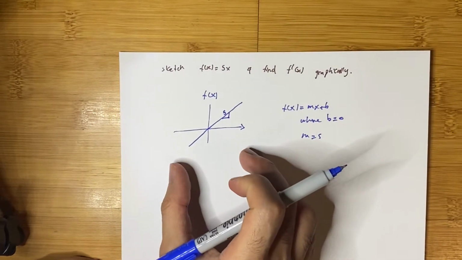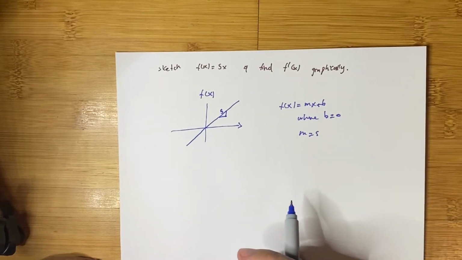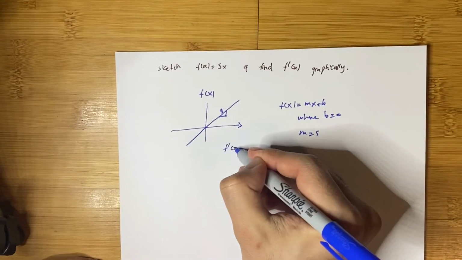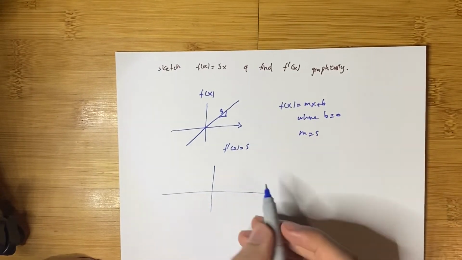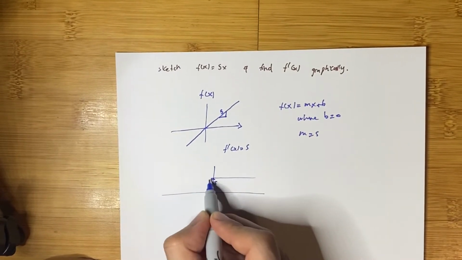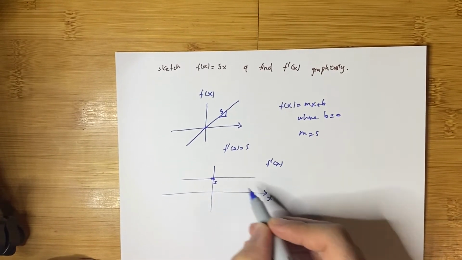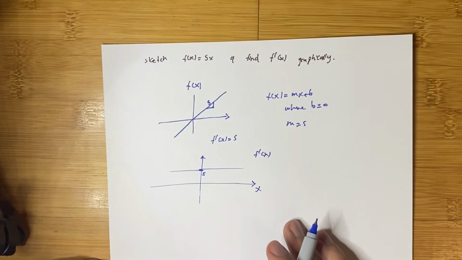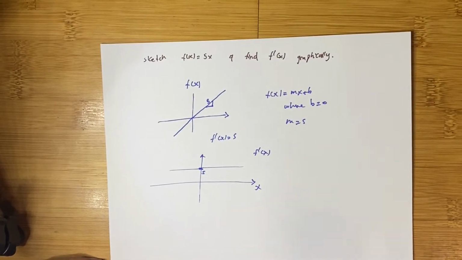Now to find its derivative, again, derivative is the slope, so we just say f prime of x will be just 5, and then we can graph it as this is 5 and that will be the derivative. Or we can use our definition, our rules.